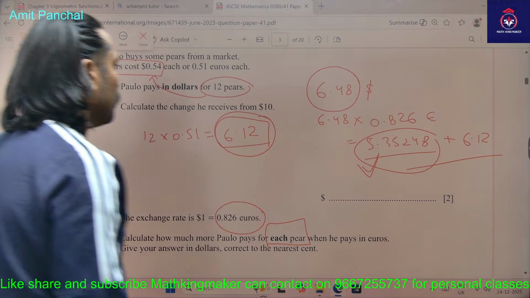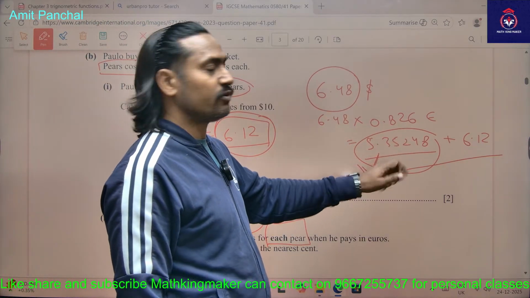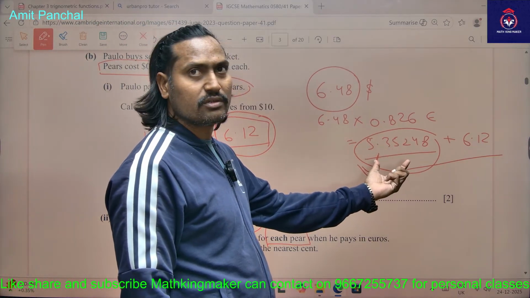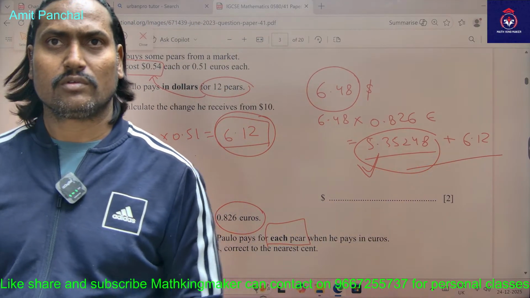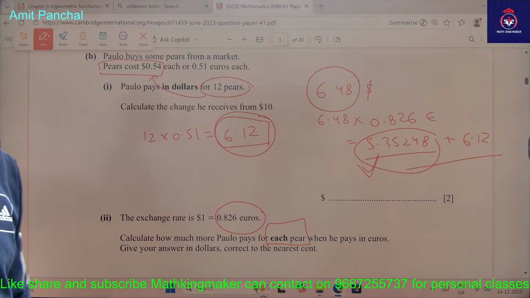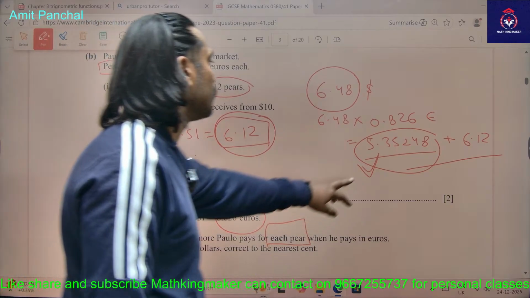This 5.35248 is for the exchange, and this is the price for 12 pears if you buy them in dollars and then convert that money into euros. Yes, that is the conversion fee.